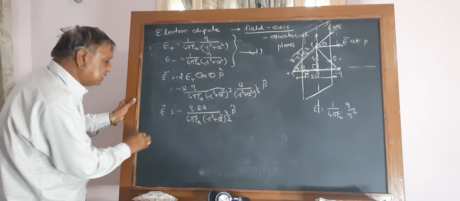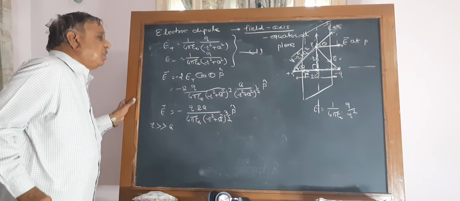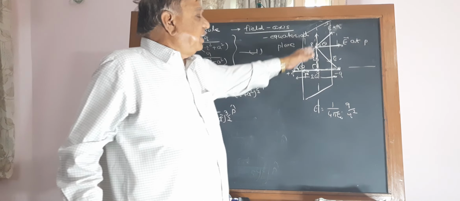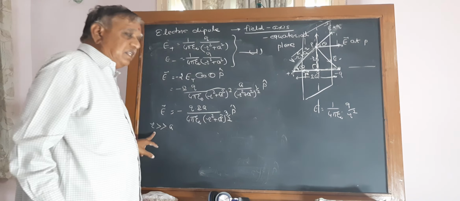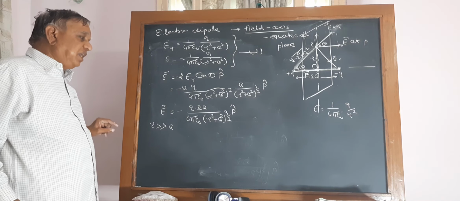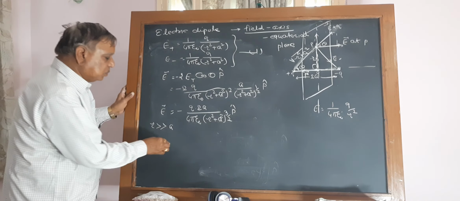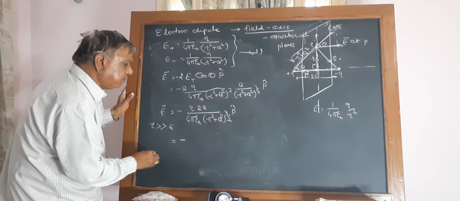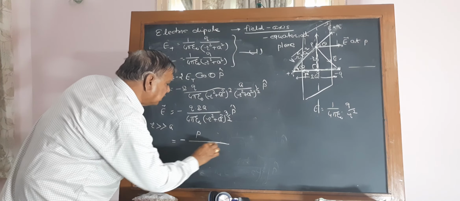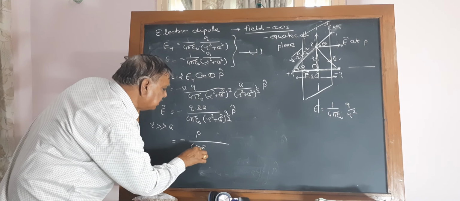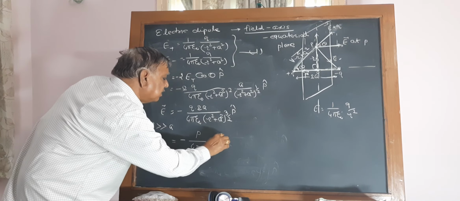Again we can discuss, if R is greater than A, the point is far away, or we can say R is very large compared to A, then A square can be neglected. So we can write minus Q into 2A, meaning P, upon 4 pi epsilon 0 R cube P caret.